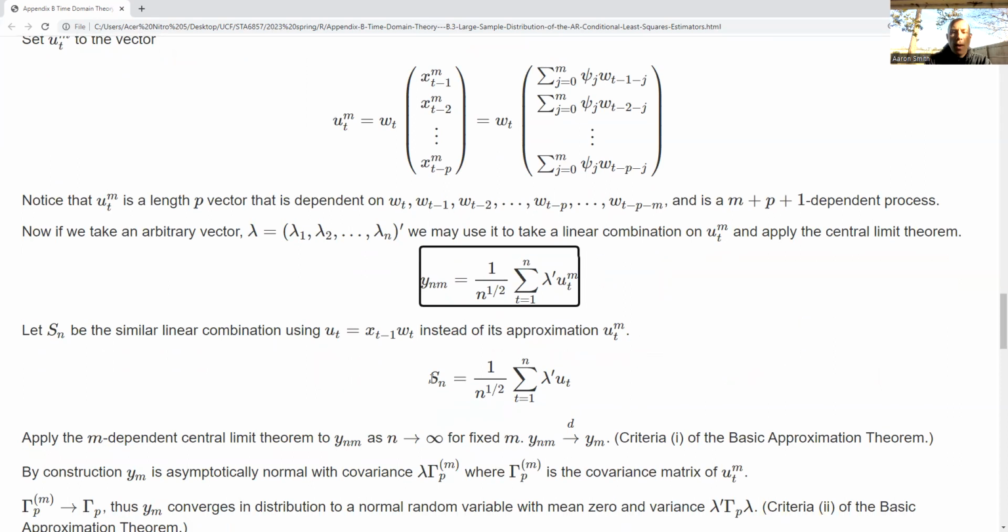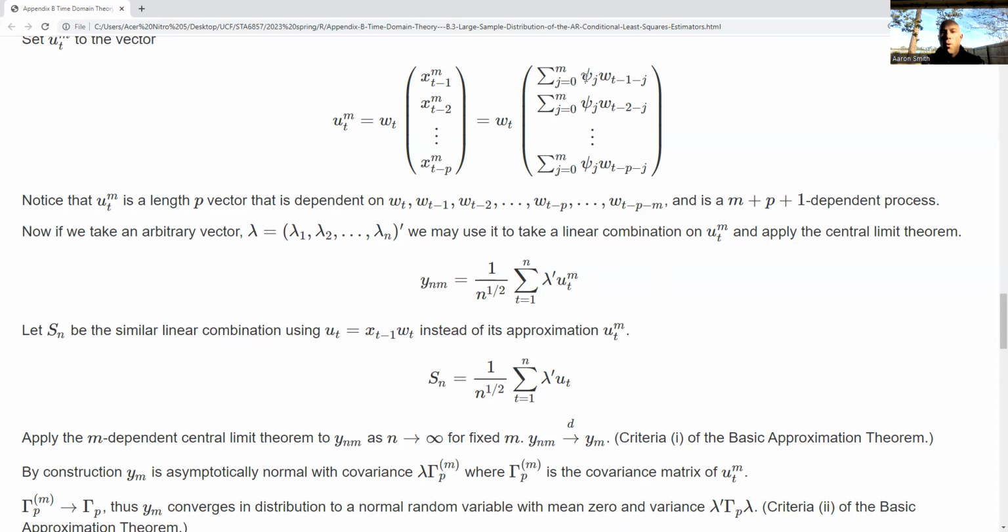what we're going to do, we're going to say S of N is going to be equal to this. So it's going to be equal to a similar calculation, but you'll notice instead of approximating with white noise, we're actually using U sub T, which is equal to the backshift vector times the white noise process.